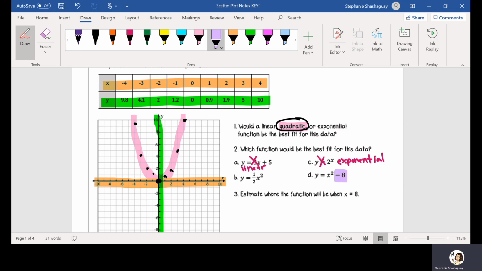That means that that parabola would be crossing the y-axis at -8. So this is not correct because the y-intercept equals -8, and the y-intercept on what I graphed was 0. So here my y-intercept is equal to 0, and that is correct. So that means that B is the correct answer.